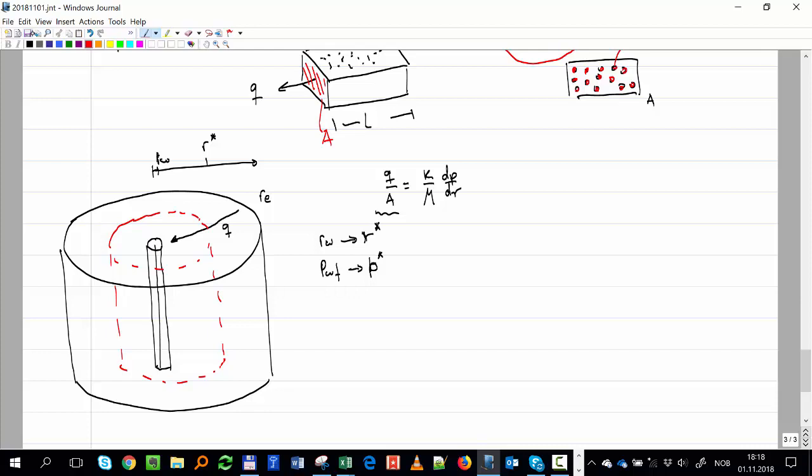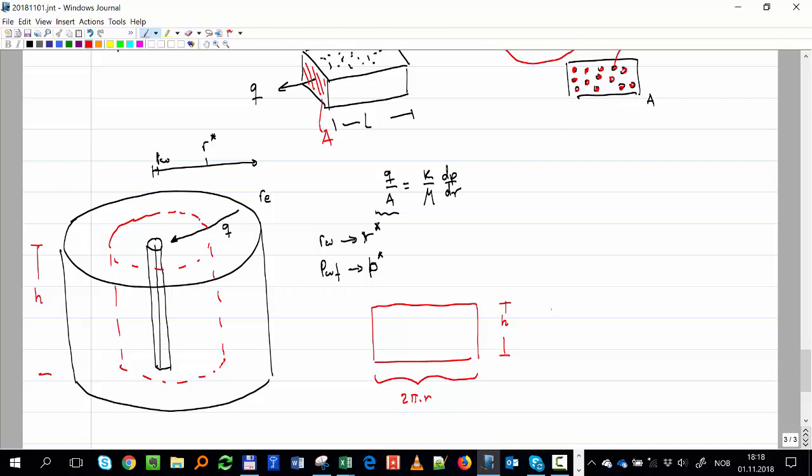So what is the height? I simply call it h. And what is this length that I have here? It's the diameter times pi, the perimeter of the circle. So it's 2 times pi times r.